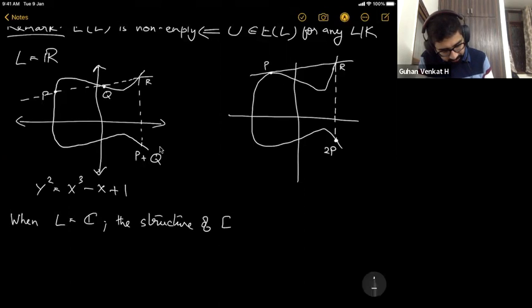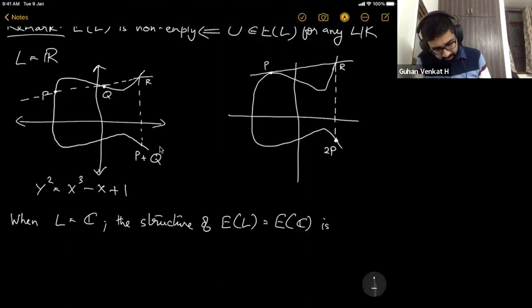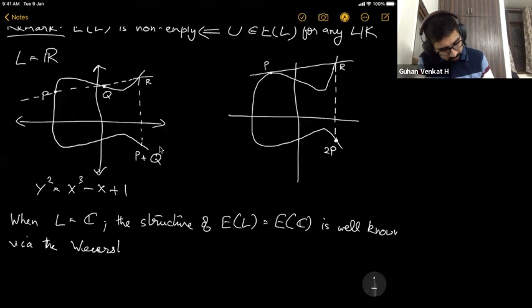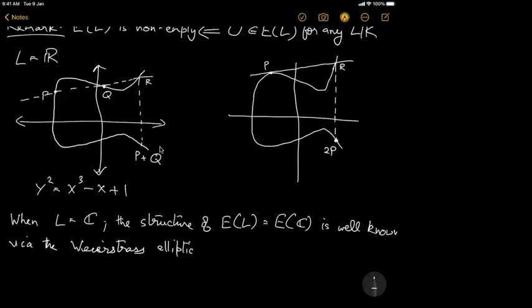So the structure of E of C, which is just the complex points on the elliptic curve, is well known. Again, it fits in nicely to the theory of Riemann surfaces.